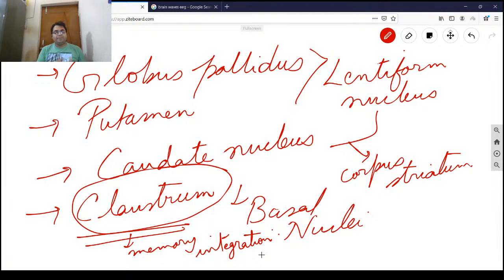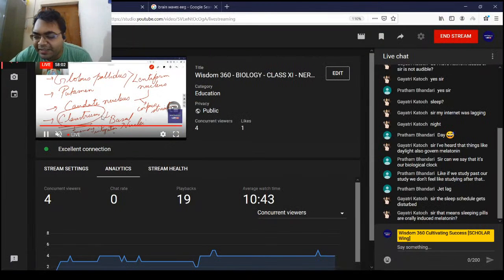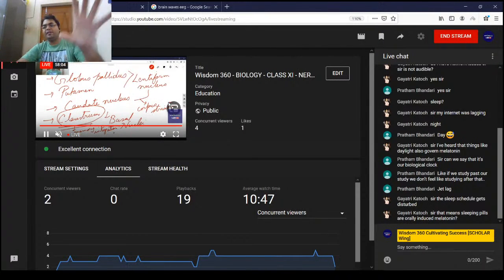That is the claustrum, and the claustrum's existence has been proved in mice brain, and in human brain the research is still ongoing. So the claustrum is the memory integration where all the signals pertaining to memory recall combine together and form a concrete, substantial statement which comes out from the mouth of the speaker. That is the work of the claustrum.